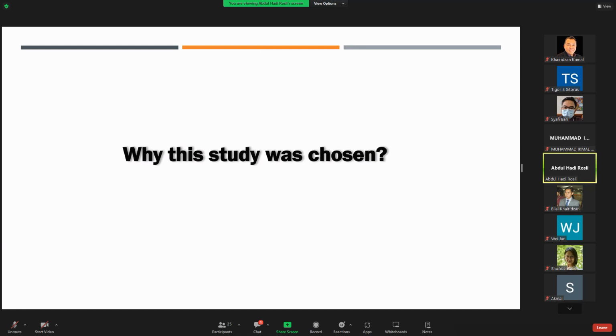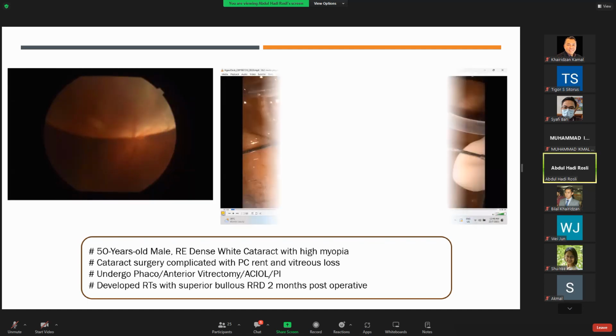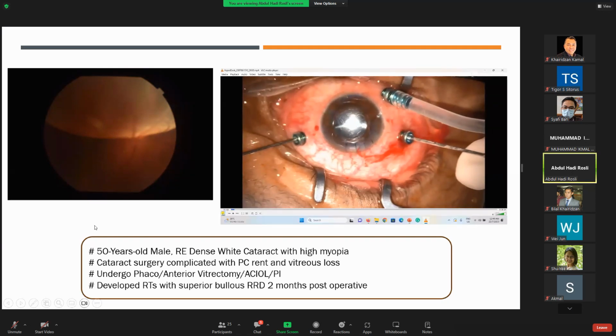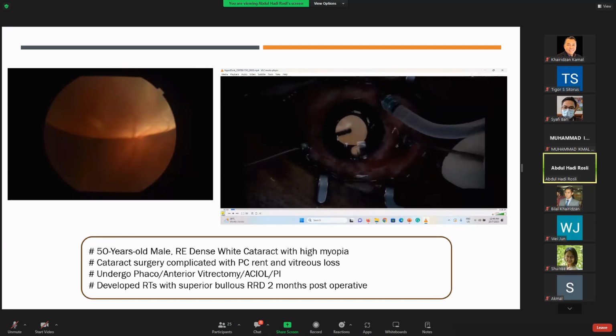For the purpose of the discussion today, I brought again the example that I presented before, where we had two patients that we encountered in our clinic with pseudophakic RD. The first patient, a 50-year-old male, had a right eye dense white cataract with high myopia.